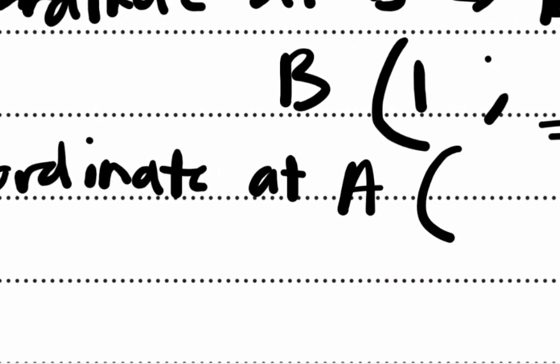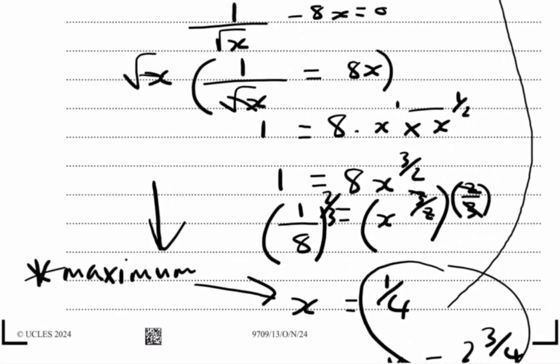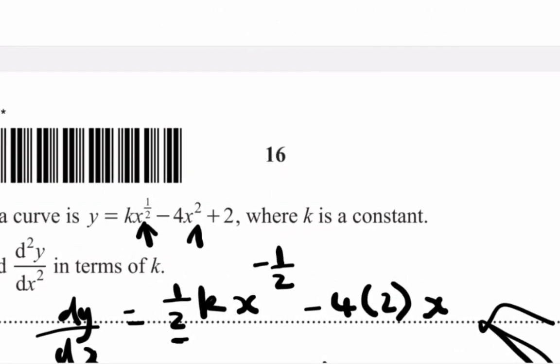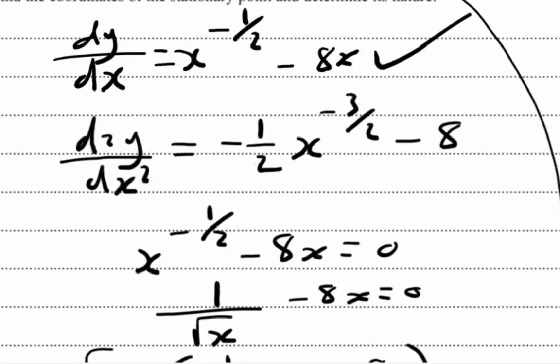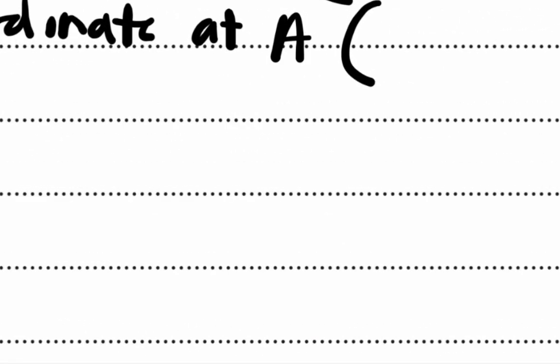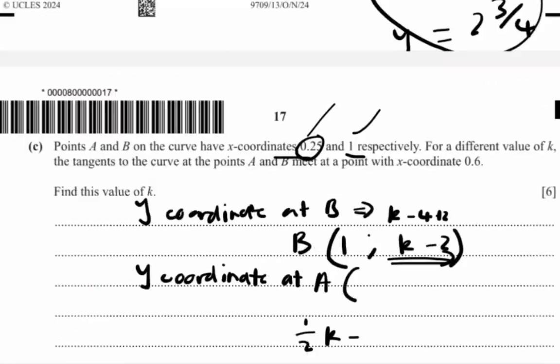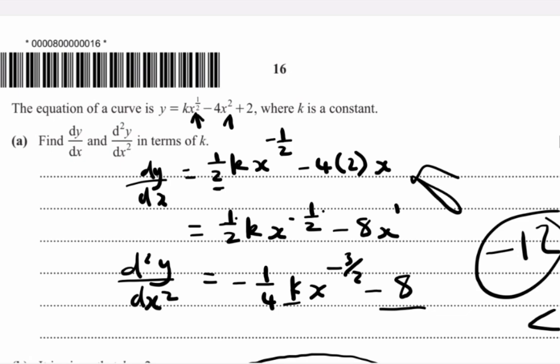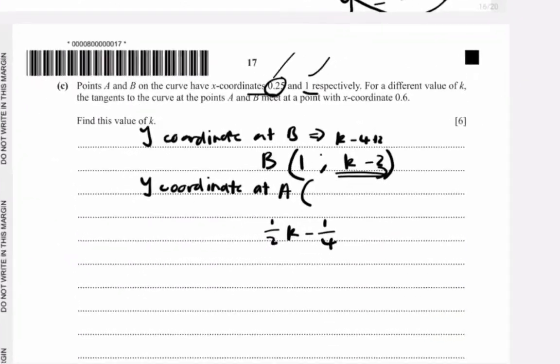And the y coordinate at A, we're just going to substitute 0.25. So this is root of 0.25, that's half. So half k minus 4, 0.25 squared, it's minus 1 over 4, then plus 2.